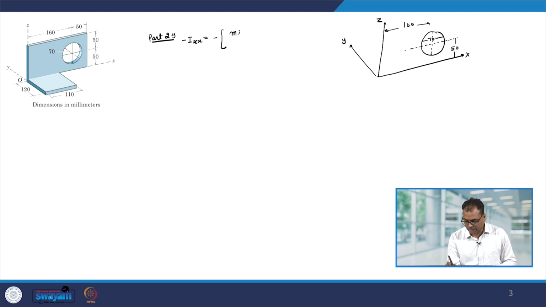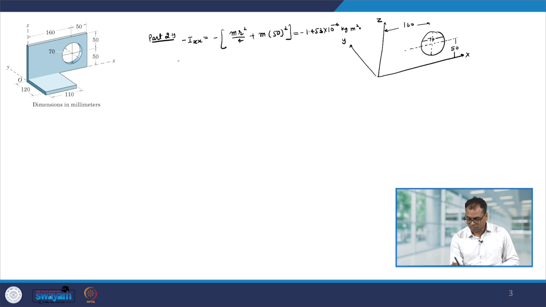So, that will be m r square divided by 4 plus m into 50 square. Okay. So, r is also known, m is also known. So, that comes out to be minus 1.453 into 10 to the power minus 4 kg meter square.